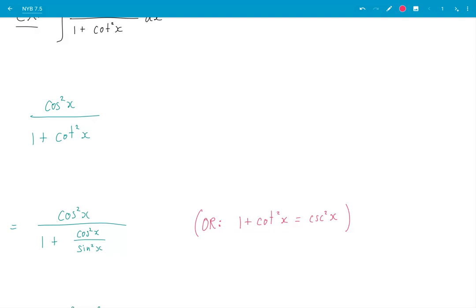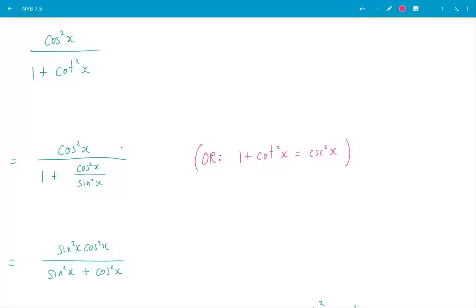My instinct is to switch the cotangent to cosine and sine, and then go that way, but probably a bit faster if you use this identity. Now I have a fraction in the bottom there, so I will multiply top and bottom by sine squared.